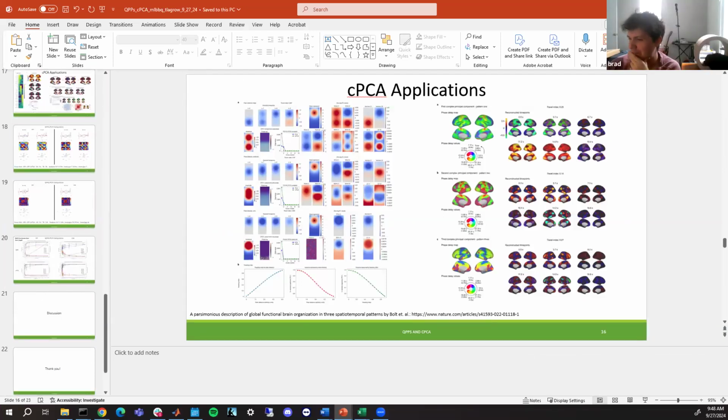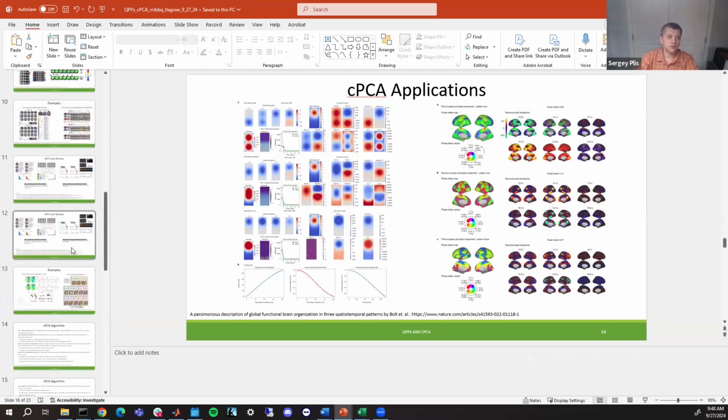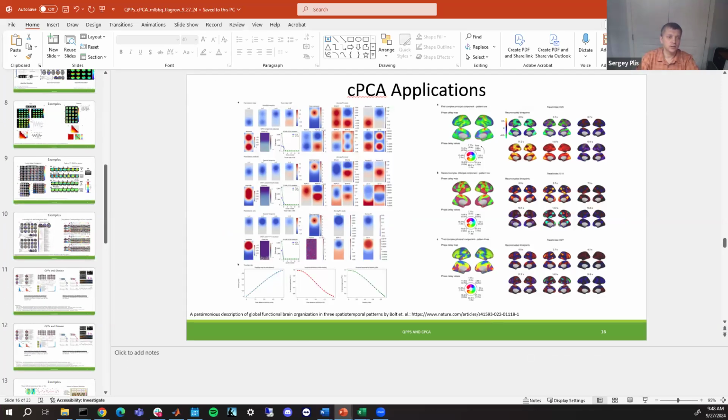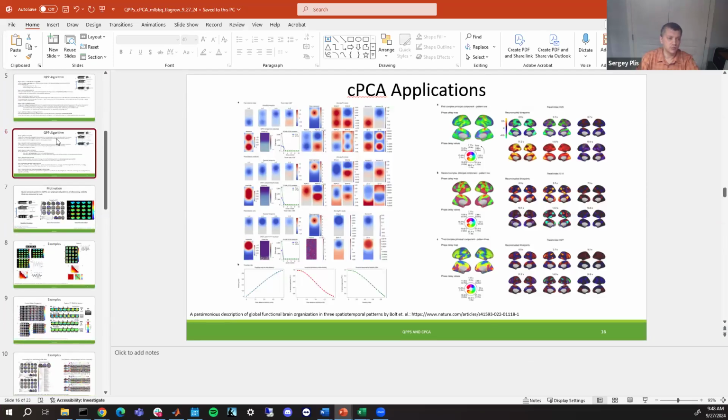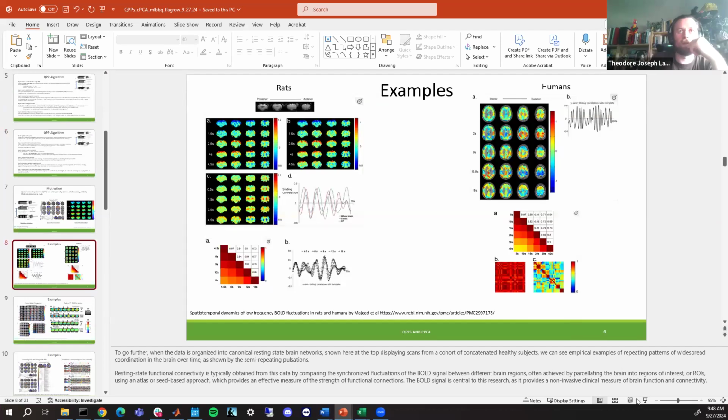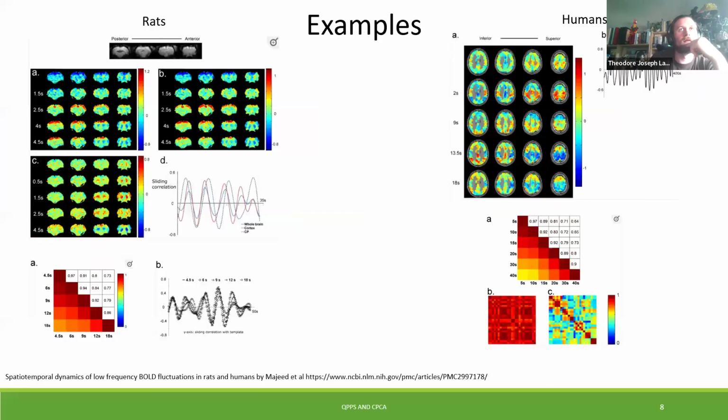Maybe I can ask a detailed question about the rodent frequency, the quasi-periodic patterns, slide 8. You mentioned milliseconds and 20 seconds; in humans the hemodynamic response falls off at about 19-20 seconds.